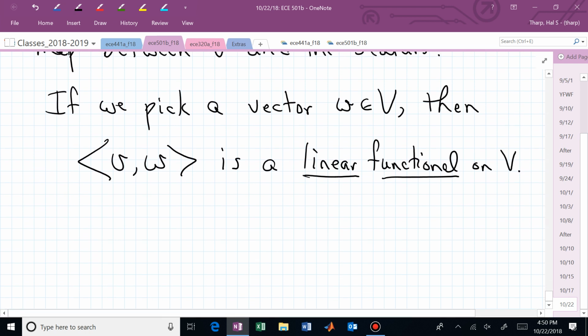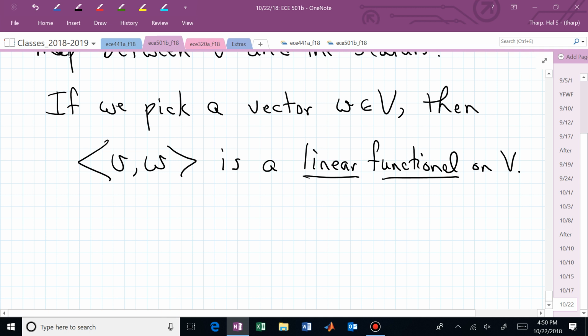What's surprising is that you give me any other generic linear functional, and I can actually find a vector w that will replicate the one that you give me.